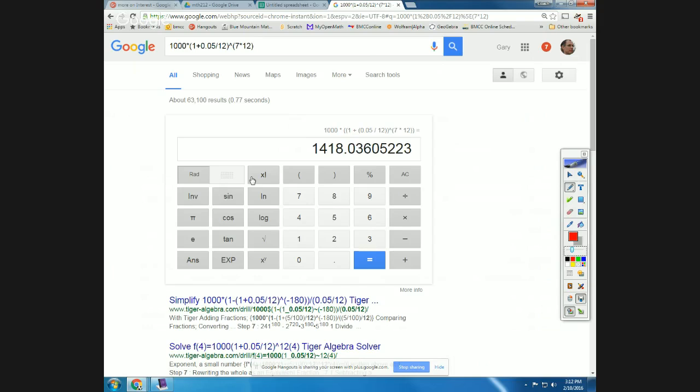There you go. 1,418.3. Did yours do parentheses? Oh, you rock. You got it. Your phone calculator doesn't have an exponent. What if you turn it sideways? There it is, exponential. Yeah, you got it. All right.